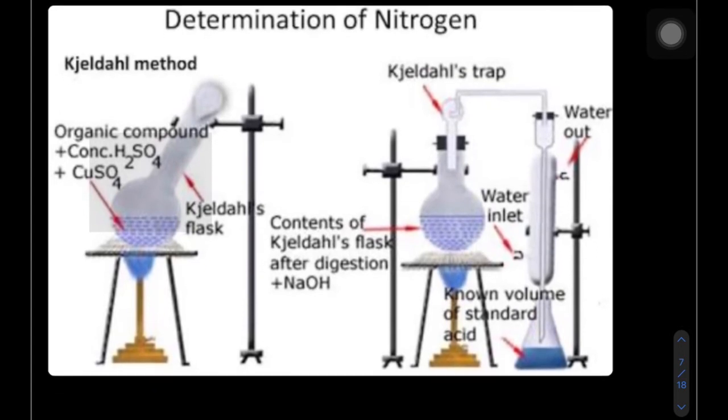Now there is an experimental diagram here: determination of nitrogen by the Kjeldahl method. Now this flask is a Kjeldahl flask. This flask contains the organic compound, concentrated sulfuric acid, and copper sulfate along with potassium sulfate.